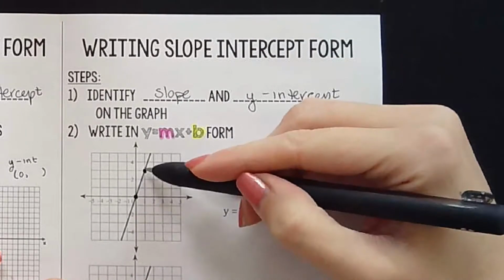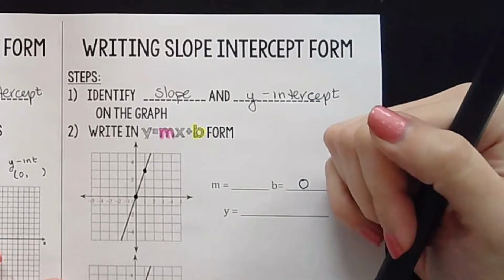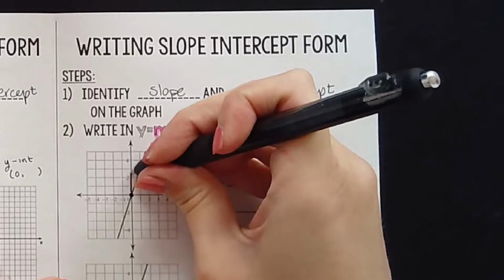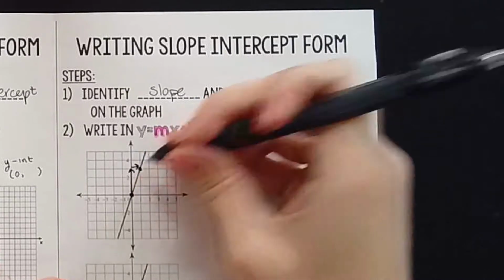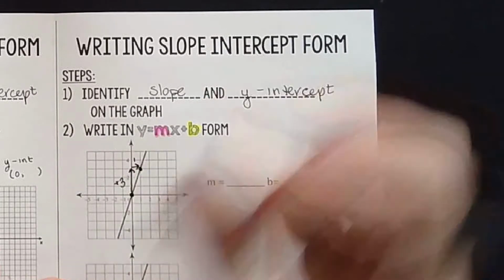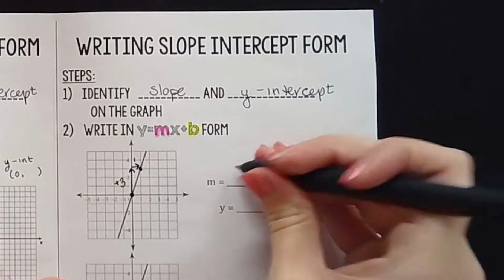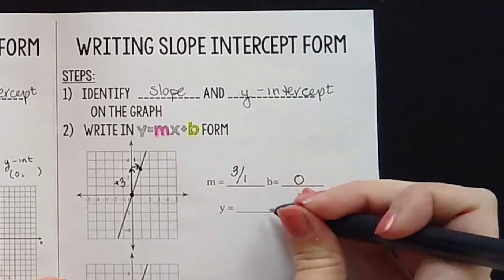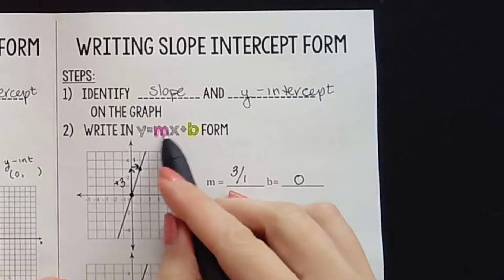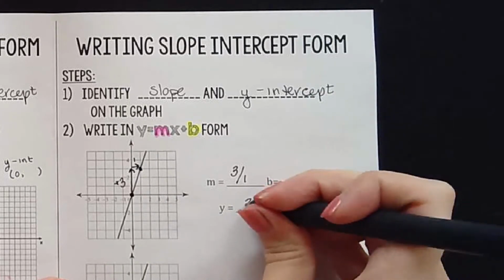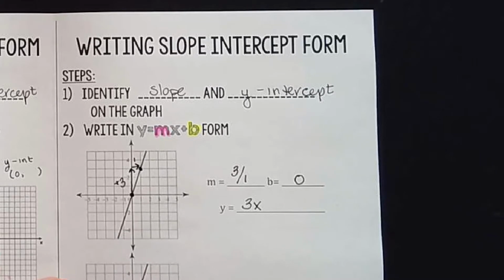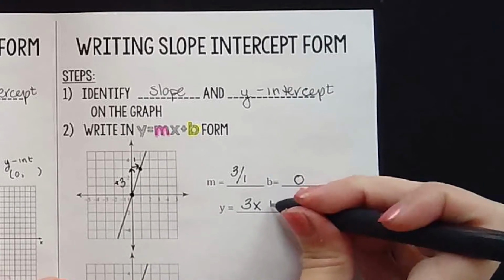This point is at 1, 3. So now to find my slope, to find my rate of change, I find my rise over run. I have to go up 3 and to the right 1. So my m is a positive 3 over 1. So if I put those together, my equation would be y equals, m is 3, I fill in my x, and then plus b would be plus 0.